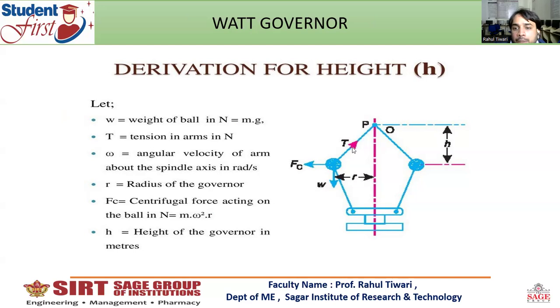R is the radius of rotation of the balls from the spindle axis. FC is the centrifugal force acting on both the balls, and when the governor moves fast, FC acts outwards. H is the height of the governor.